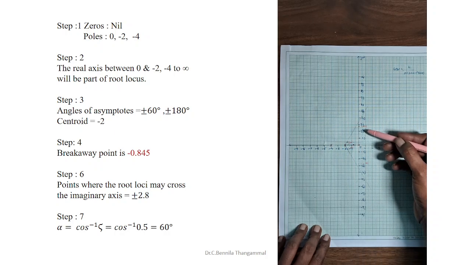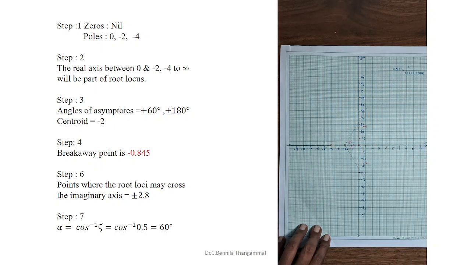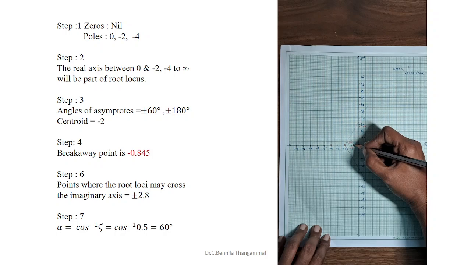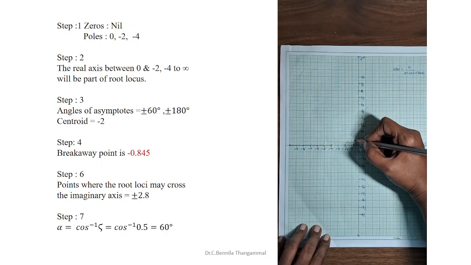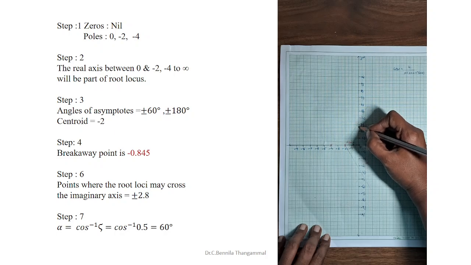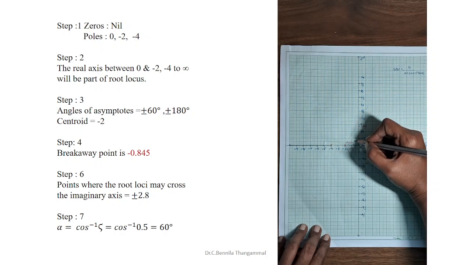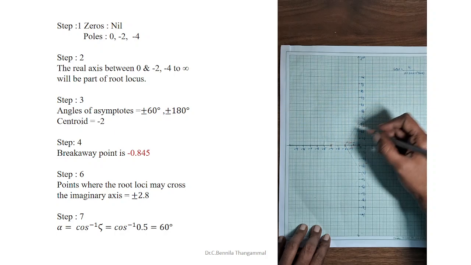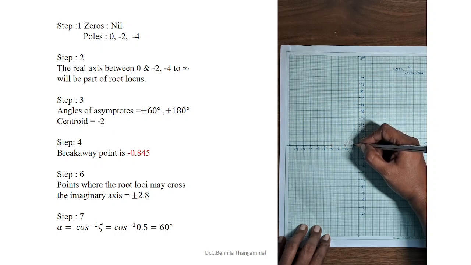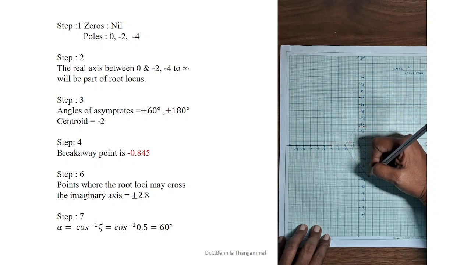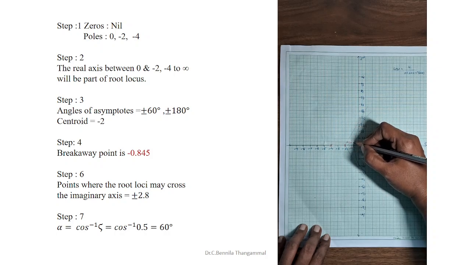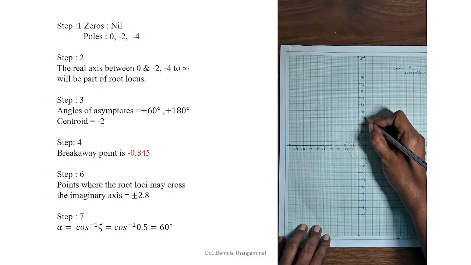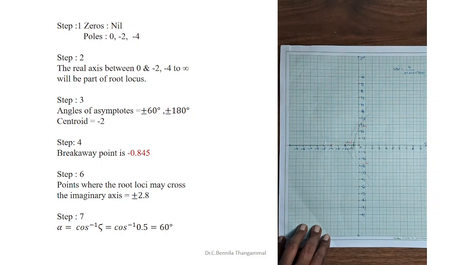Now after marking this point, join the breakaway point with the imaginary axis using your pencil. From your breakaway point, you just join to the imaginary axis. Here on this side, same thing. So we have joined. So this is your root locus.